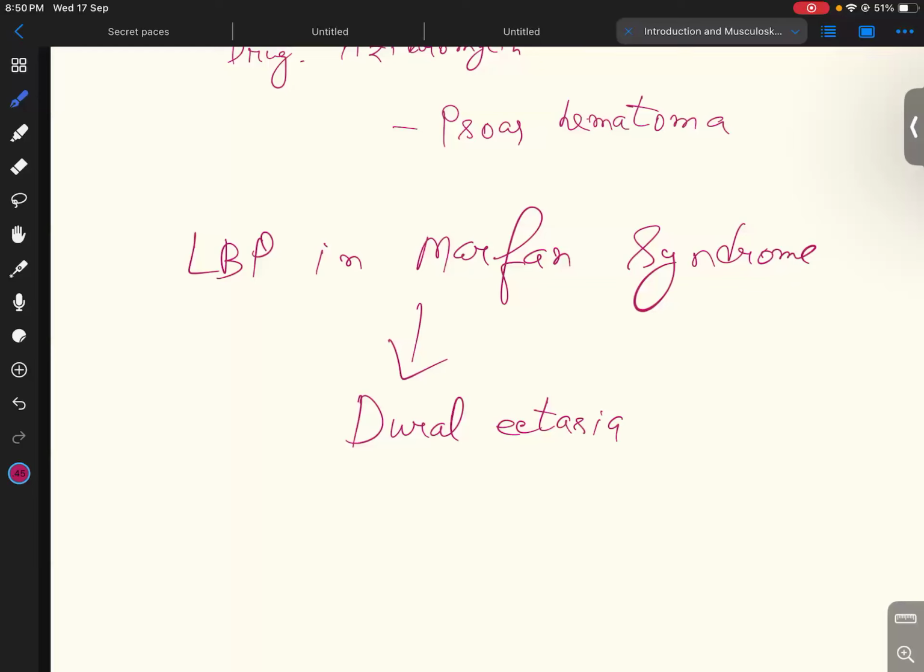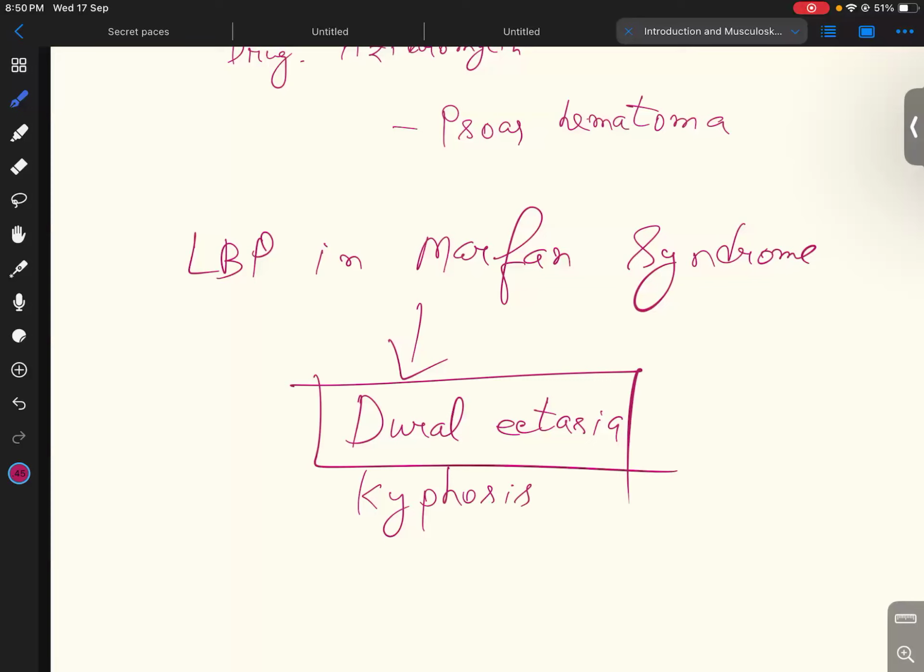Also, kyphoscoliosis or kyphosis can be there, but this is different. Dural ectasia. This case has also come in the exam. Low back pain. After entering the station, you are seeing that the patient has Marfan syndrome. So the differential diagnosis of low back pain in this patient is either dural ectasia or kyphosis or kyphoscoliosis.